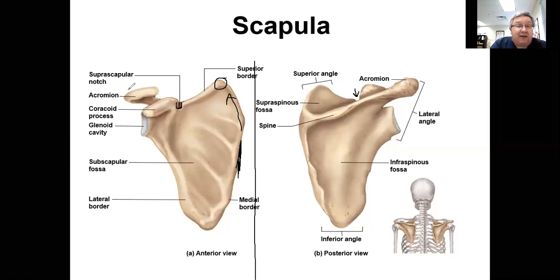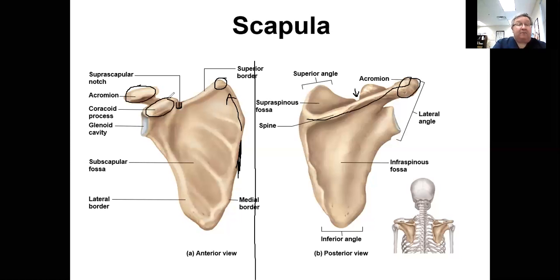This area right here is the acromion process. It's actually coming off of the spine right in this area. So the acromion comes off of the spine of the scapula. On the anterior portion, there's this finger-like projection. That is the coracoid process.